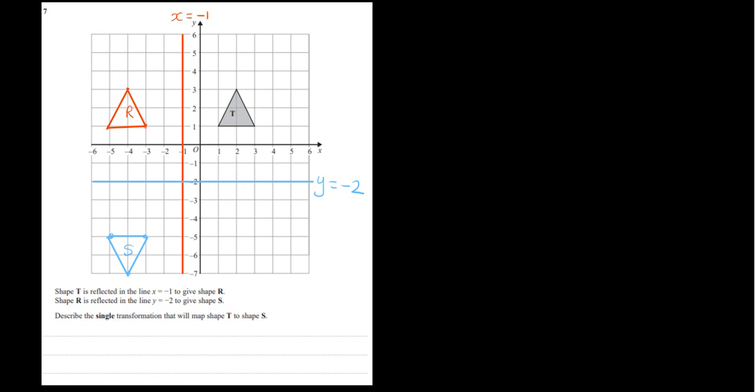So I know I have to rotate it in this direction. I'll try it anti-clockwise, 270, probably end up somewhere around here. So I would need to move it further down, around say 0, minus 1.